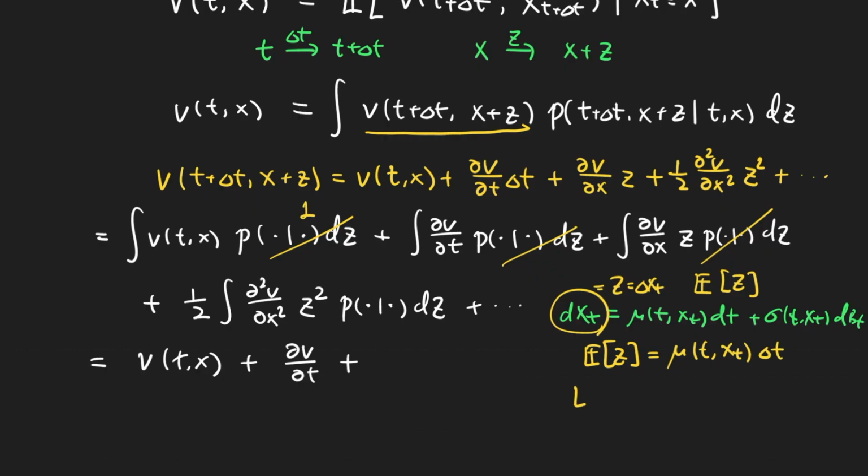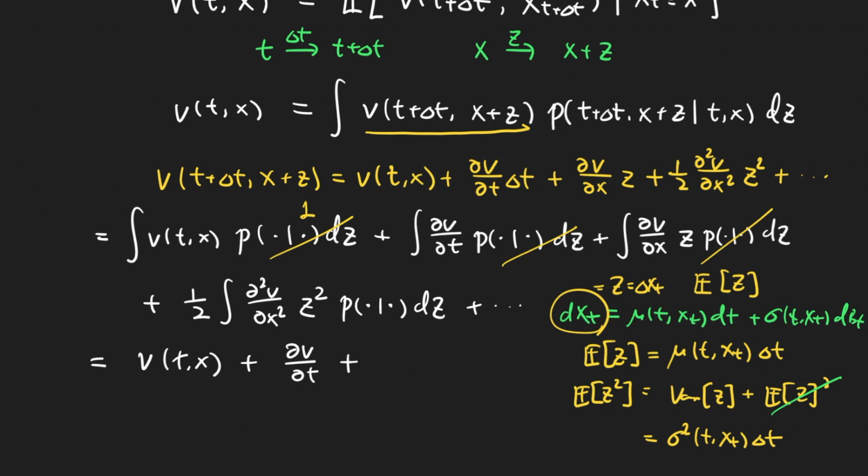And the second moment of z equals the variance of z plus the square of the expectation of z. This term will be killed because it has a delta t squared, right? So the variance of z is just sigma squared times delta t.